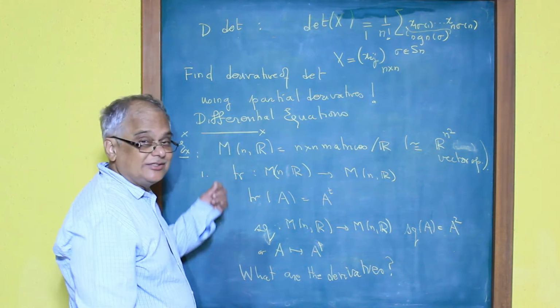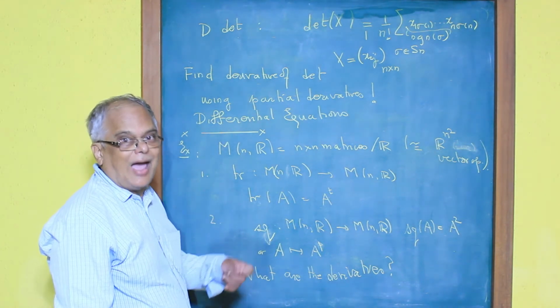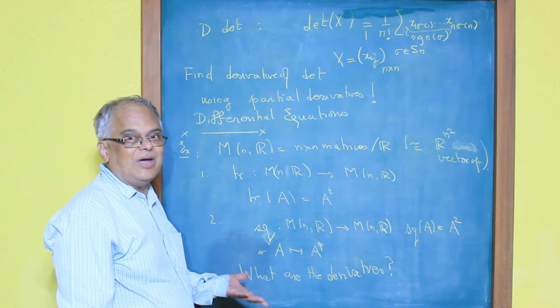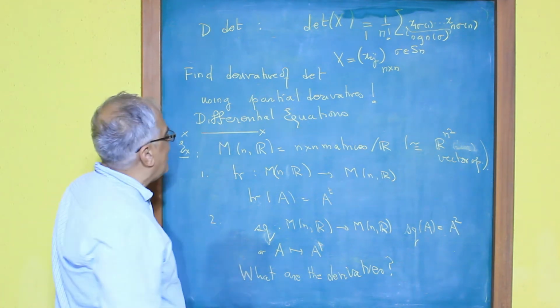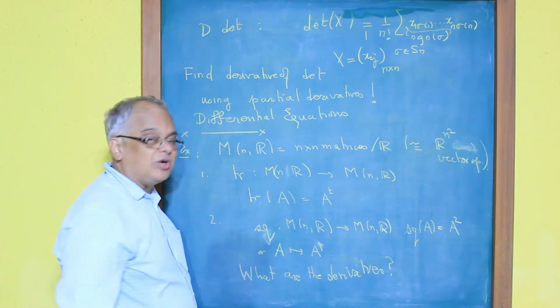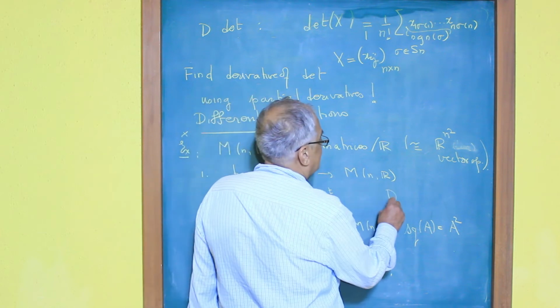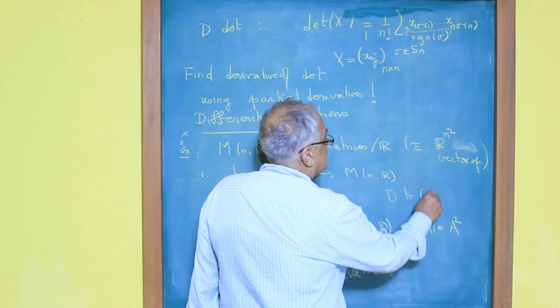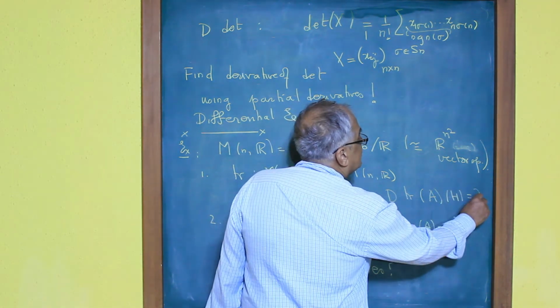This map transpose is a linear map. The derivative of a linear map at a point is the linear map itself. You've seen this earlier. And the question is, what is the meaning in this setup? What is the derivative of the transpose at a point? So, the derivative of the map transpose at a point A evaluated at h is equal to h transpose.